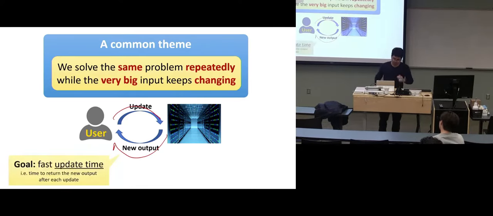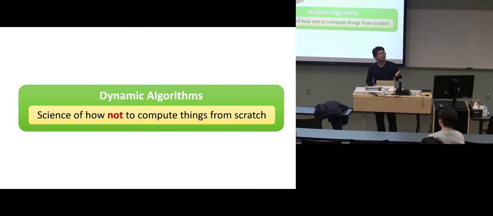And the goal is to get an algorithm with fast update time. The time to return the new output should be faster than recomputing things from scratch. So that's what a dynamic algorithm is: a way of not computing things from scratch.